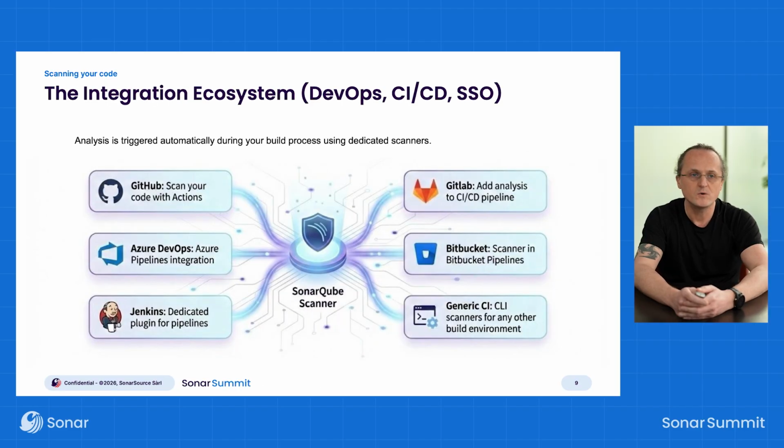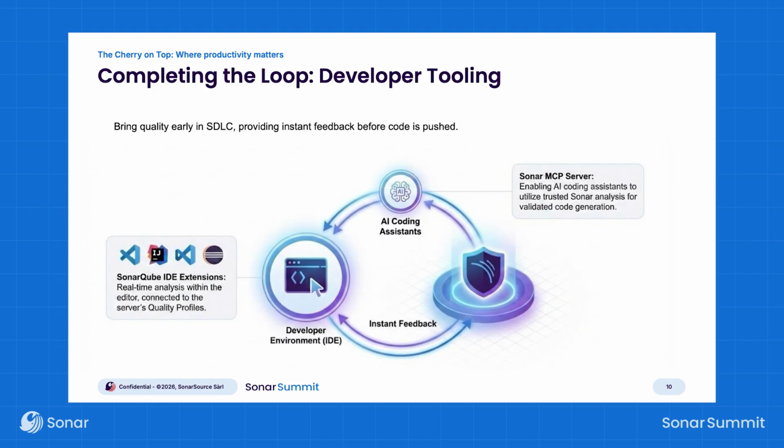You could have your code in GitHub or Azure DevOps, and you could be using GitHub Actions or Azure Pipelines. You could be using Jenkins for your builds, or you could have your own CLI solution. All of that is supported. All those solutions very much boil down to running specific Sonar scanners for your programming languages and for your environments in order to feed data to SonarQube.